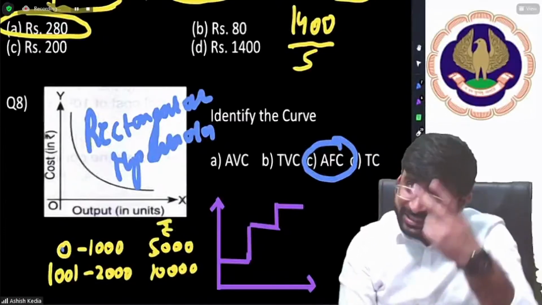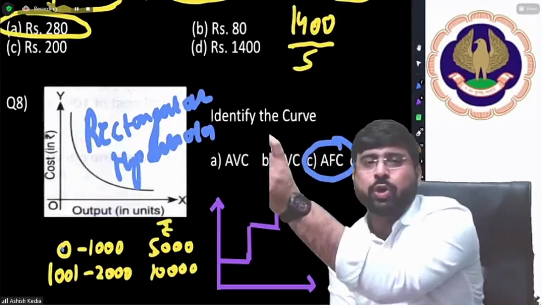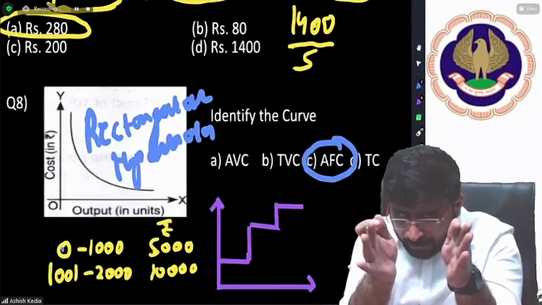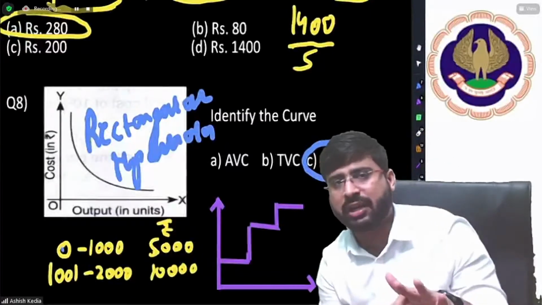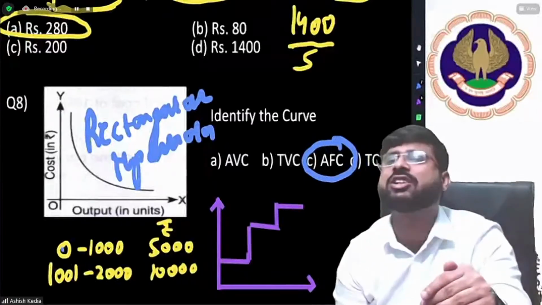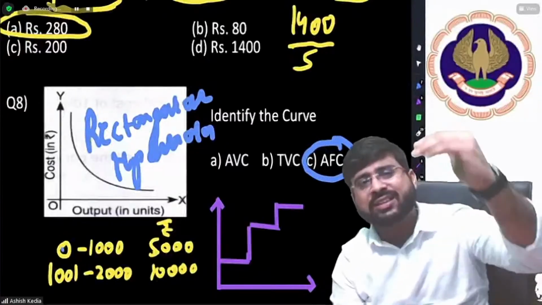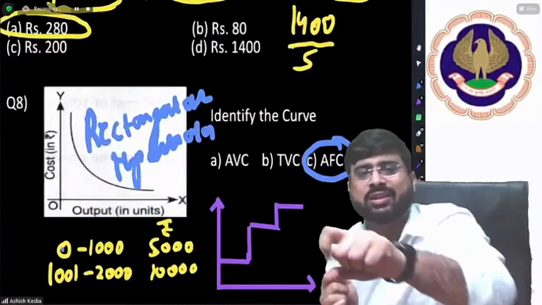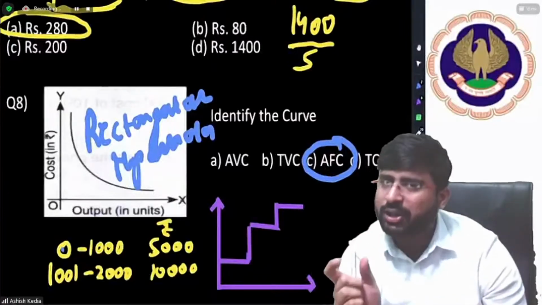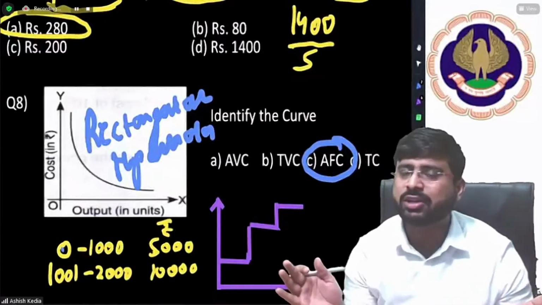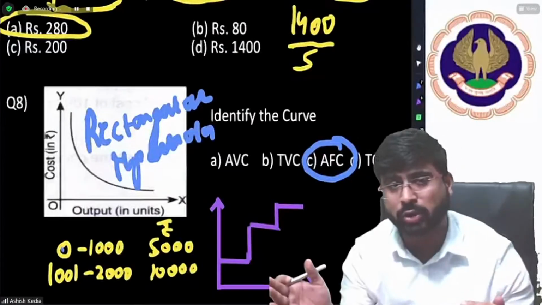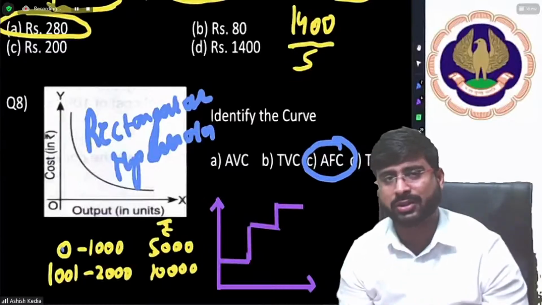So see, it is varying with each output level, but within a particular level, it is constant. Within 0 to 1000, it's constant. But as you move on to the next stage, beyond 1000, it is again increasing. Again, between 1100 to 2000, the cost is becoming constant.